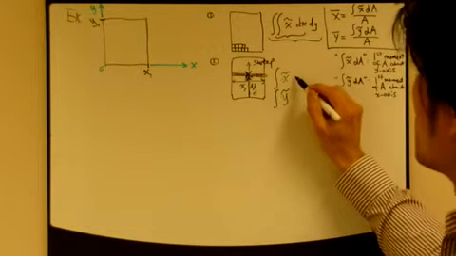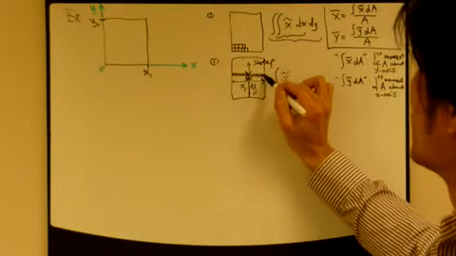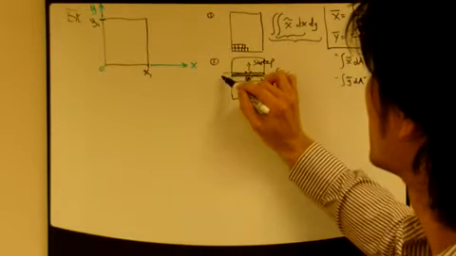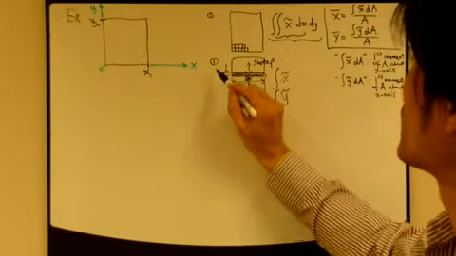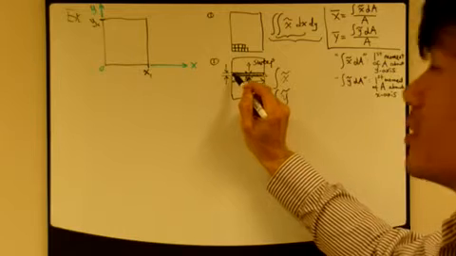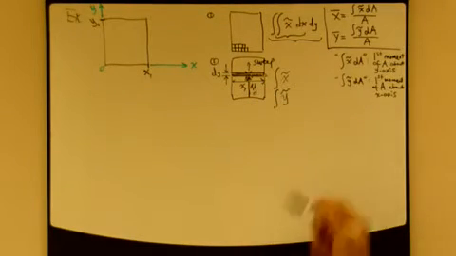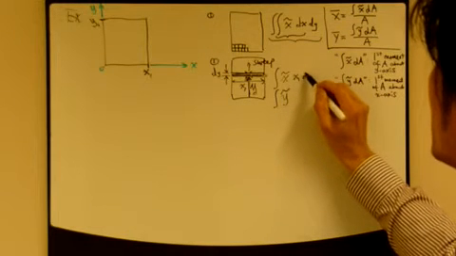All right. So now this becomes x bar, and then dA, or the area of this little strip right here, would be this width, x1, times this little height of this elemental strip, and this little height is y. Right? So dA becomes x1 dy.